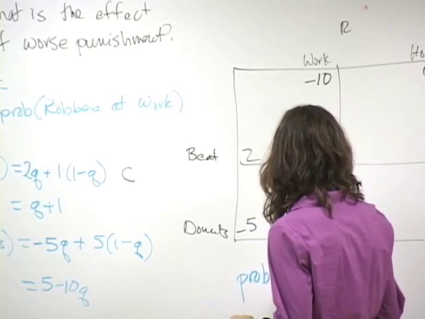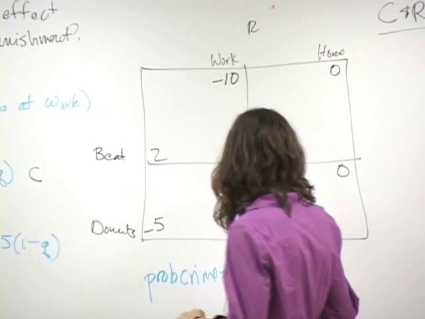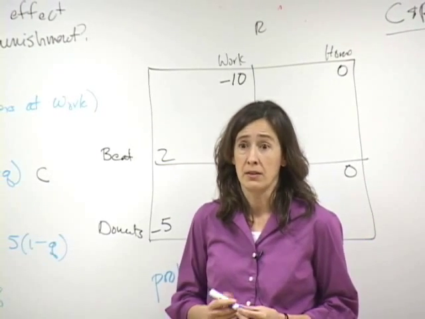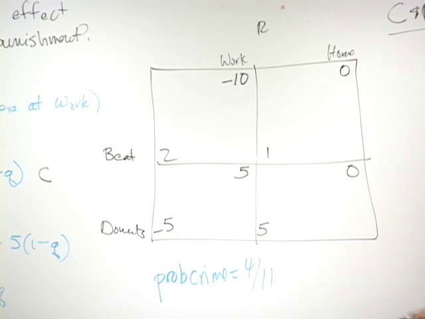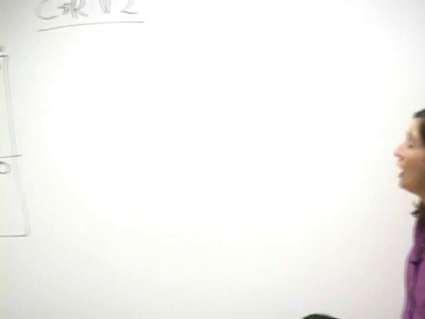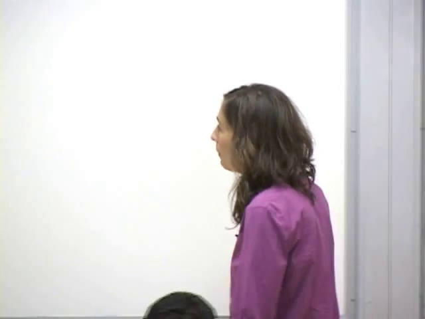The probability of crime is still going to be 4/11ths. I've just changed the robber's punishment. I haven't changed anything to do with the cops. Okay? And the equilibrium probability of the robbers doesn't depend on the robbers' payoffs. I've been emphasizing that all last week because that's weird, right? That's the strange thing about mixed strategy Nash equilibria.